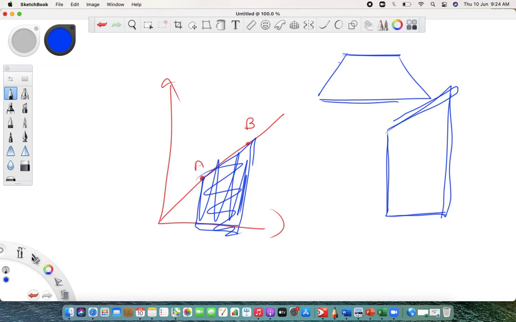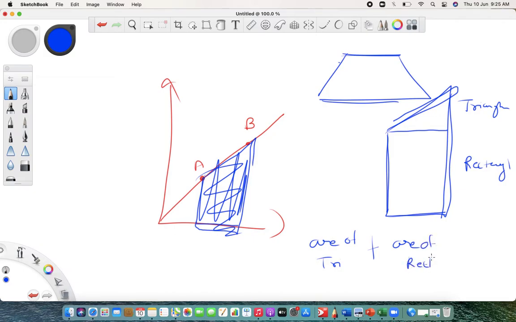Or they have given it in another way. You can divide it into two, so this will become a triangle and this will become a rectangle. Then you can find out the area. How? Area of triangle plus area of rectangle.